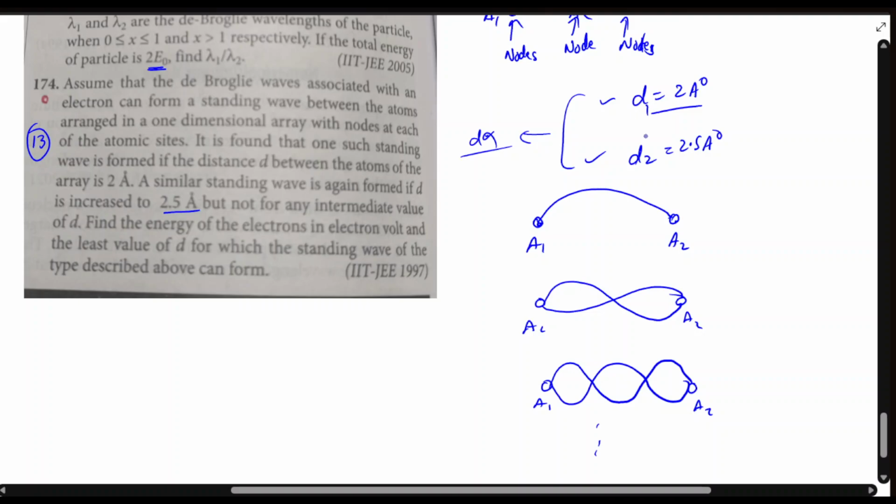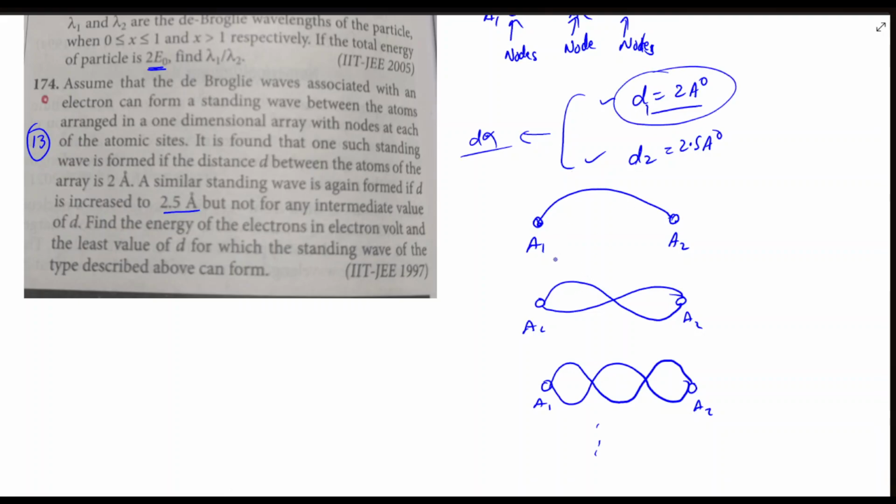So let's say when the distance was d1, there are n nodes. So if the distance between atoms was d1, then in between atoms there are, let's say, n nodes.